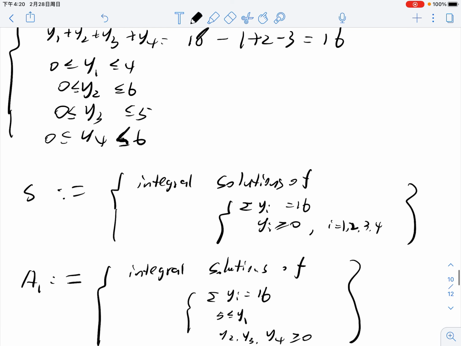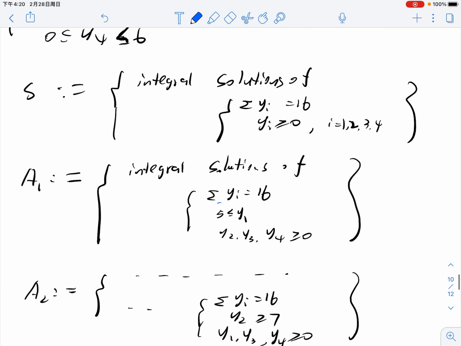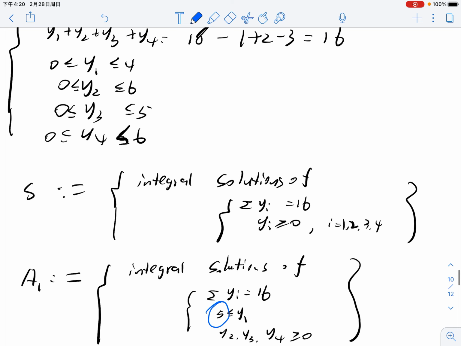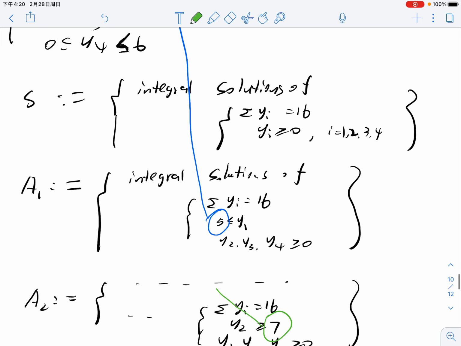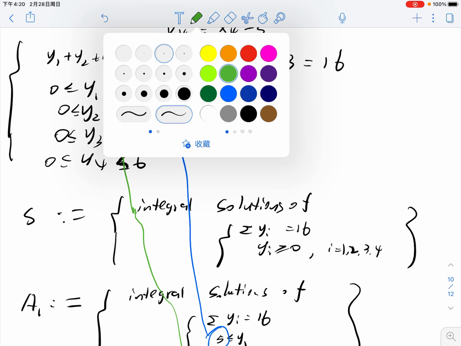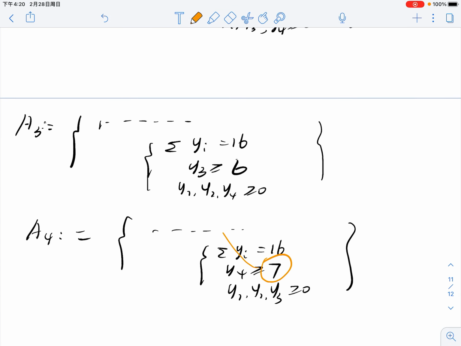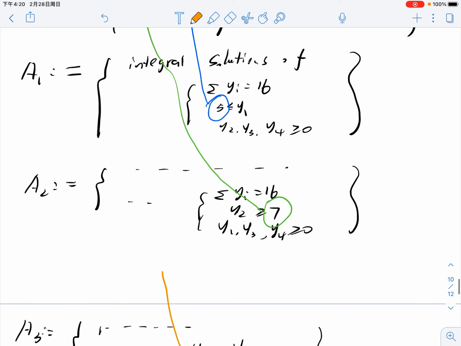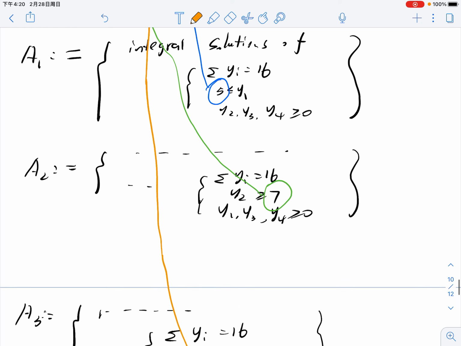Okay, and as we mentioned before, here this 5 corresponds to 4 here. This 7 corresponds to 6 here. Similarly, this 7 corresponds to 6 here.